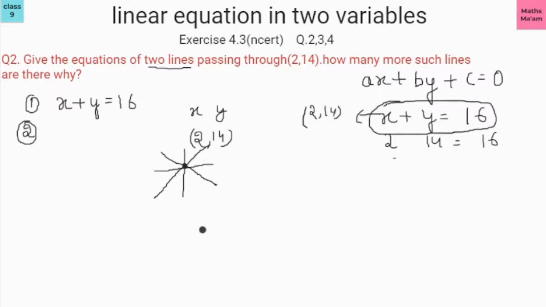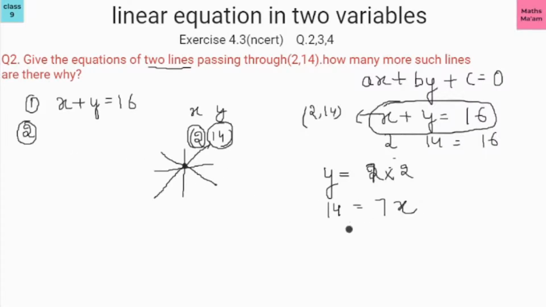Understood? So हमें क्या put करना है? हमें put करना है x 2 and y 14. So any other combination which is possible for the equation, we can also write that y is equal to, what is y? Y is 14. 14 is equal to 7 times 2. 7 times 2 means 14, right? Or we can say 7 times x, which is 2.